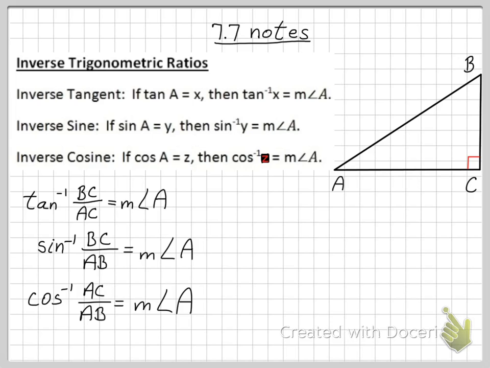So I'm going to give you a quick summary of this whole lesson. Of course I'll explain it in more detail in a moment in other frames of this lecture, but here's a super quick summary. Referring to the tangent, let's say we know that the tangent of angle A is equal to 0.75.